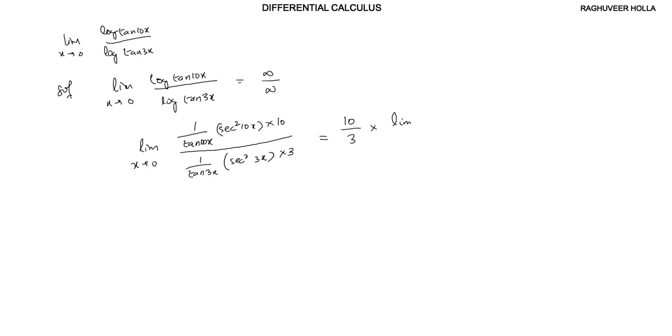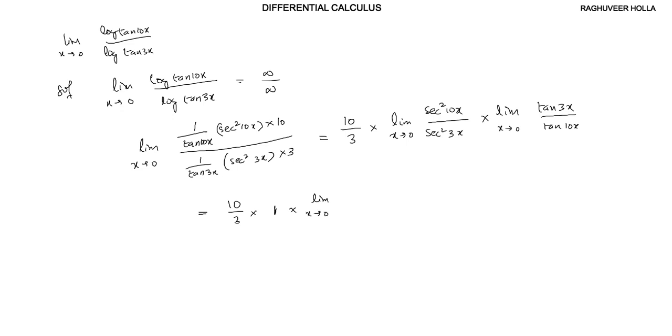Okay, so we separate it now. 10 by 3, which is a constant, multiplied by the limit. Now we'll take secant together, so secant square tan x by secant square 3x as x tends to 0, multiplied by the limit x tends to 0, where we'll take tan 3x by tan x, right.